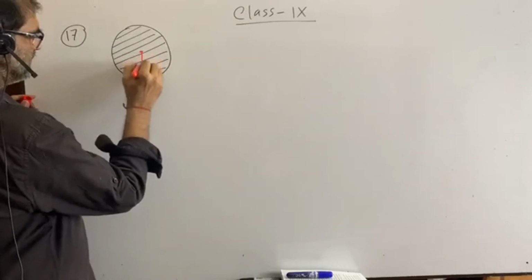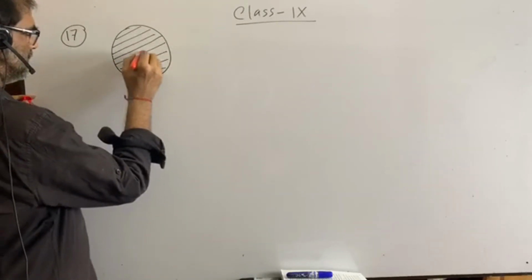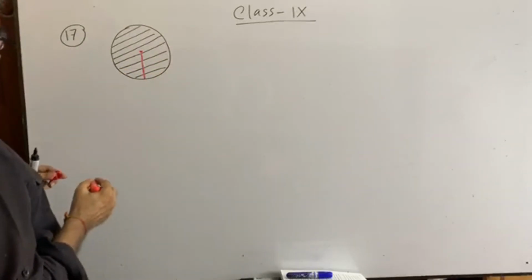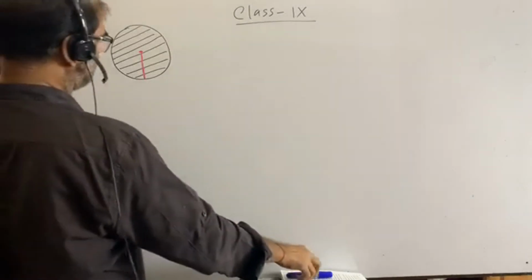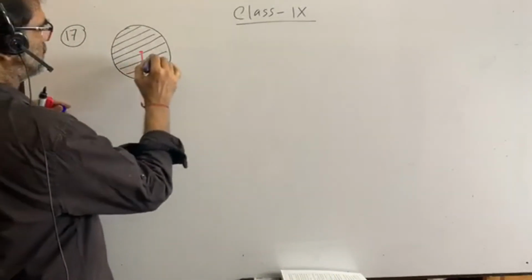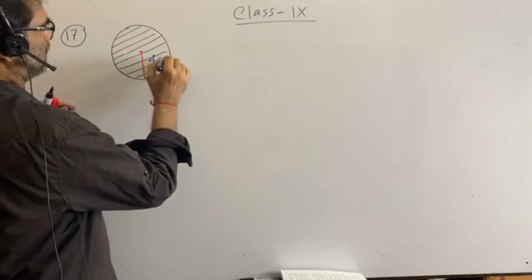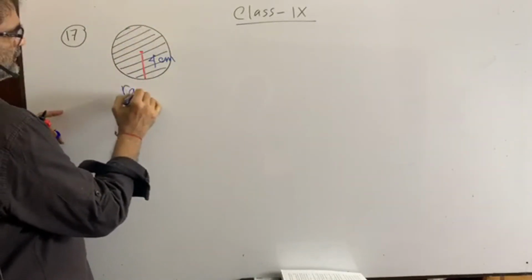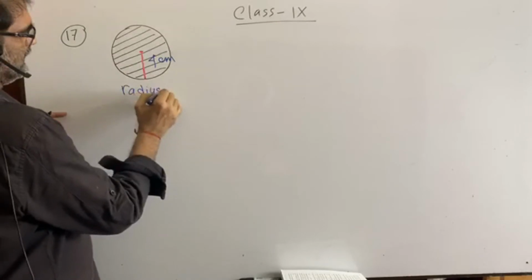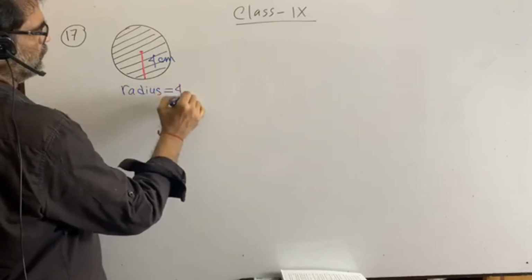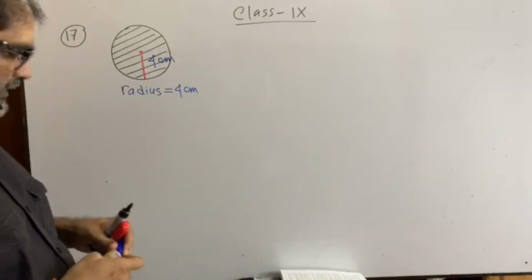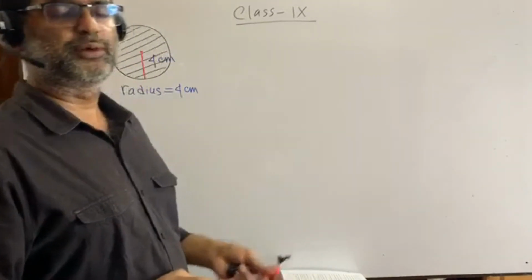So its radius, this is the radius, and it is given in the question that it is 4 centimeter. I am writing here radius equals 4 centimeter. Okay, that's good. It is a solid sphere.